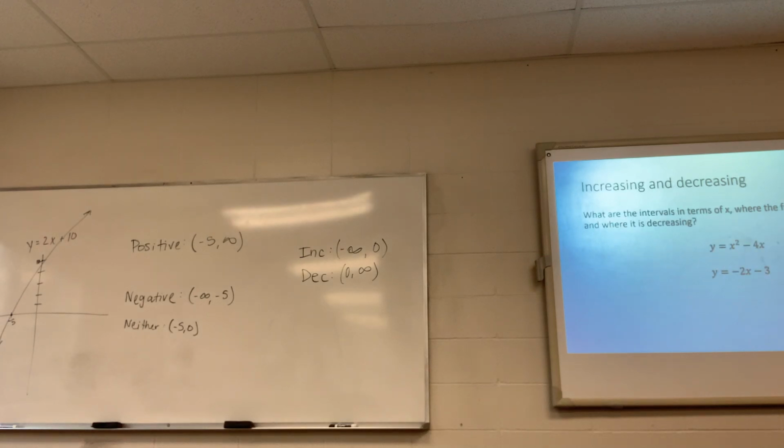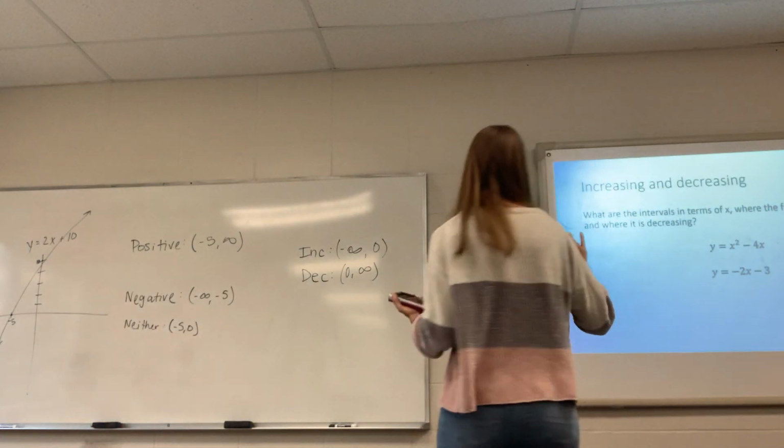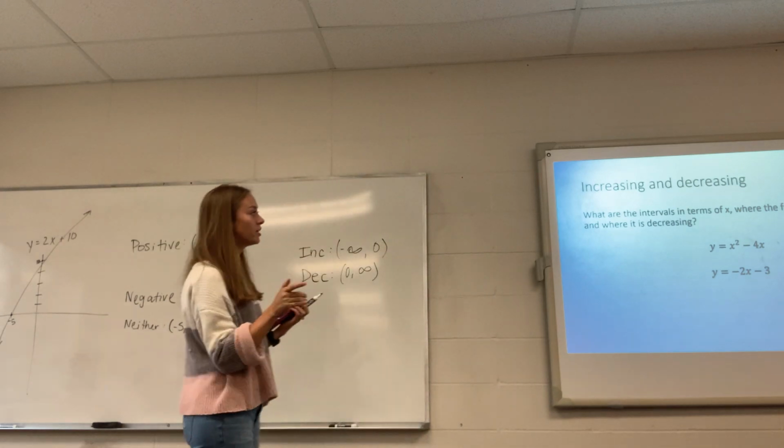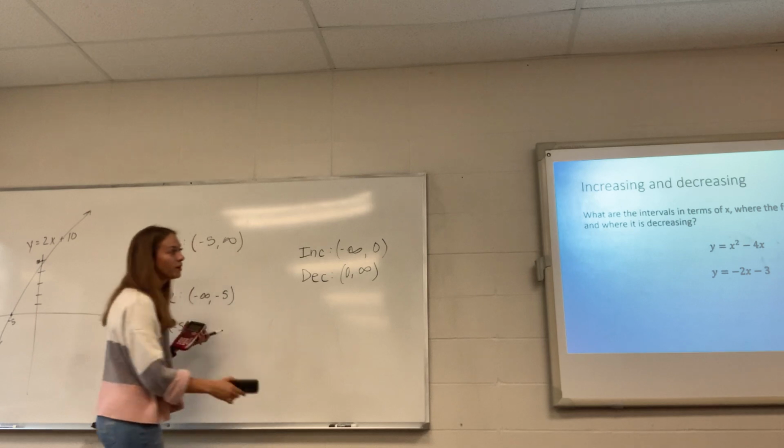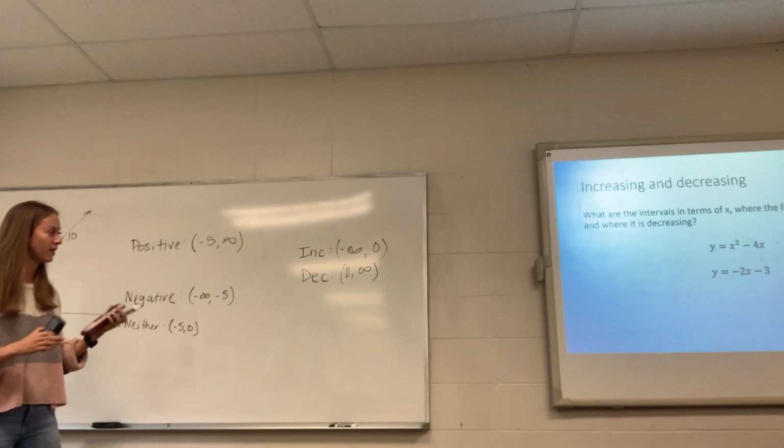Okay, let's go ahead and let's do some other ones. We'll type them in the graphing calculator. So it says, what are the intervals in terms of x where the function is increasing and where it's decreasing? So go ahead and type in the first one. Just type in y equals x squared minus 4x.